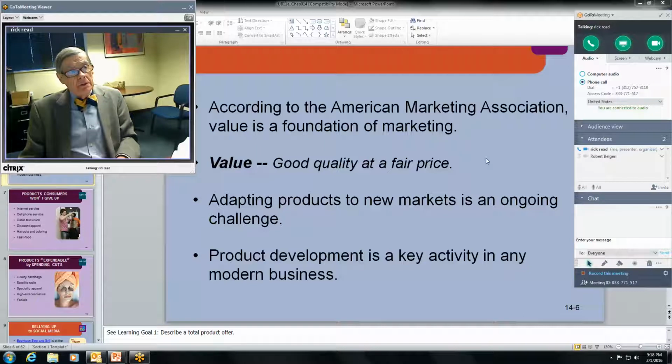Now, some people would say you want to have great quality or superior quality or excellent quality, and I'm not going to quibble with those adjectives. But you want to give them quality. Let's take that variable out, the good, the great, the excellent, and say value at a fair price.